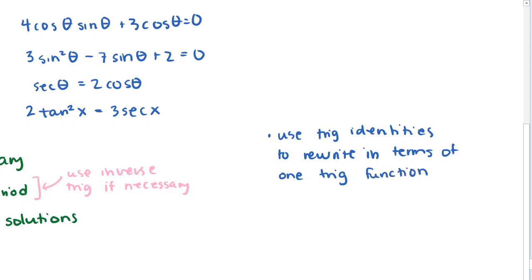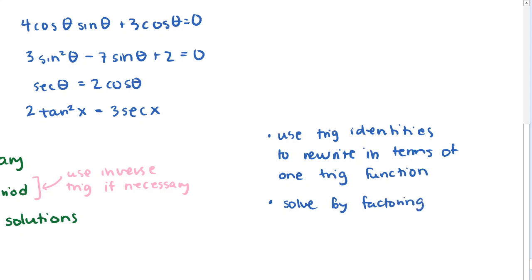And then maybe from there you can use the techniques we've learned in algebra for solving quadratic equations to solve this quadratic trigonometric equation. Typically the approach we'll take is we can solve by factoring.